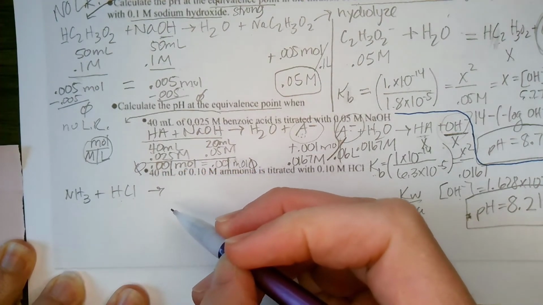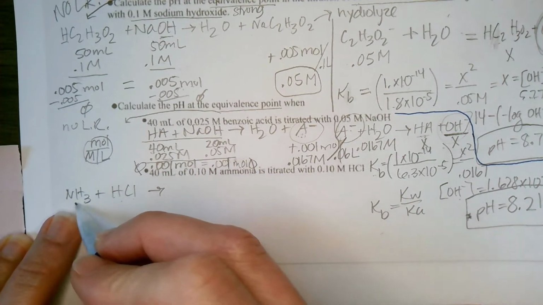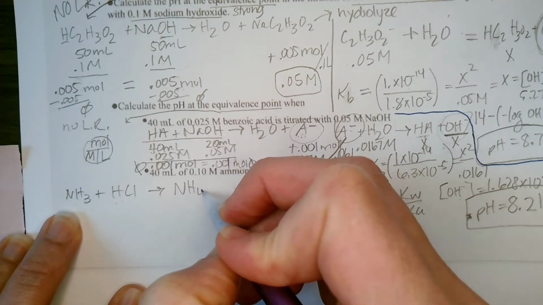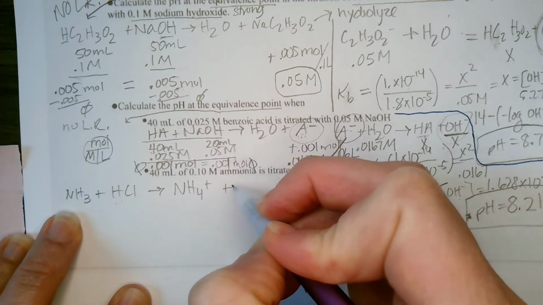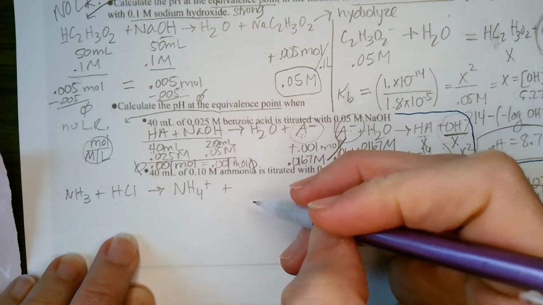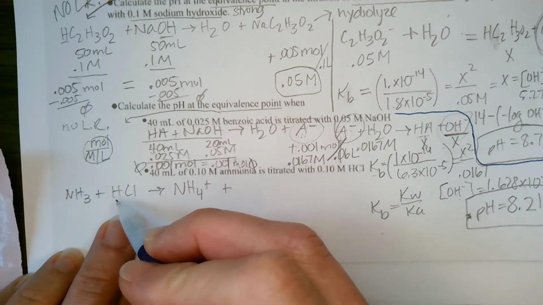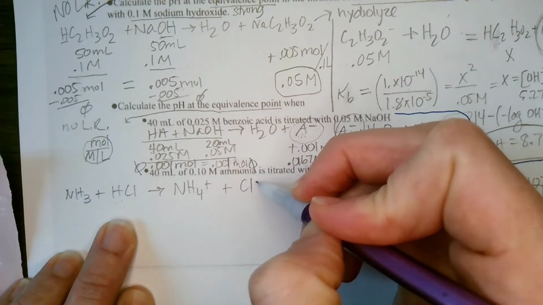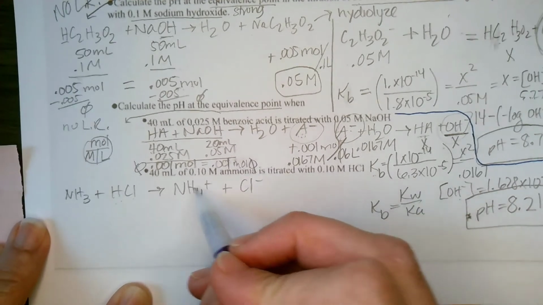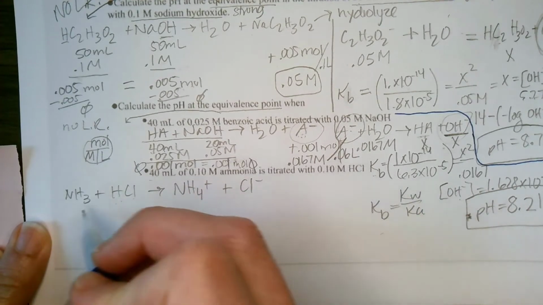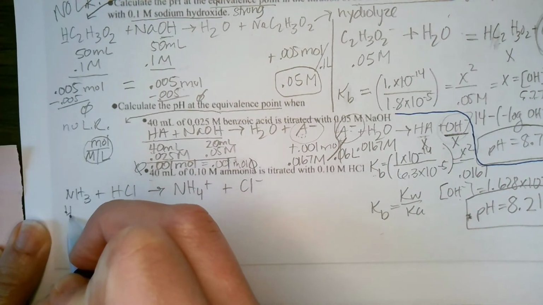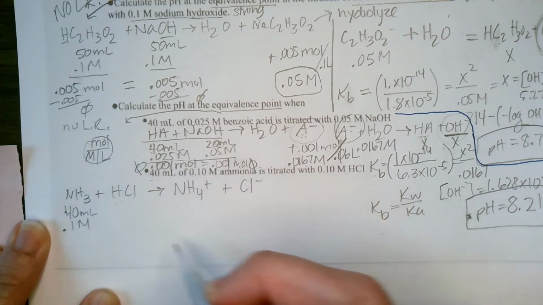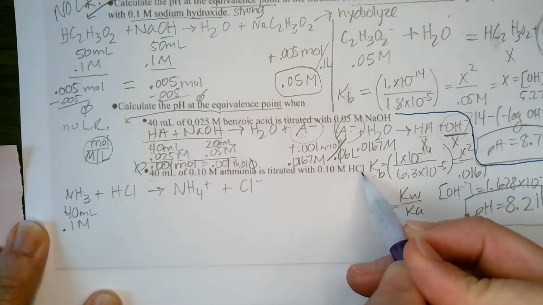And we know that when we have NH3 base plus our acids, which are proton donors, we will create NH4 plus and our chloride ion. We're told that we have 40 milliliters of 0.1 molar ammonia, and we have 0.1 molar HCl.